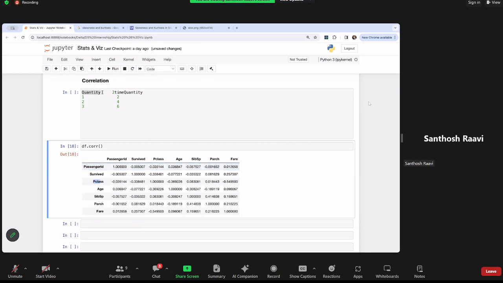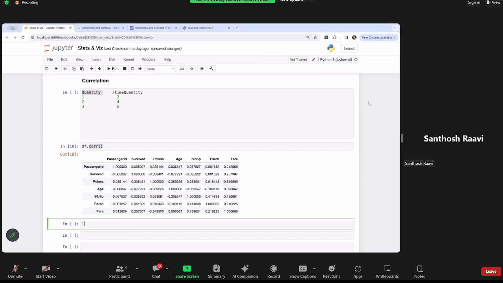Say for example, here quantity and 2 times quantity are there, so you can drop 2 times quantity or quantity. Either one, your wish. Using this function, dataframe dot corr, you can find the correlation between the columns.